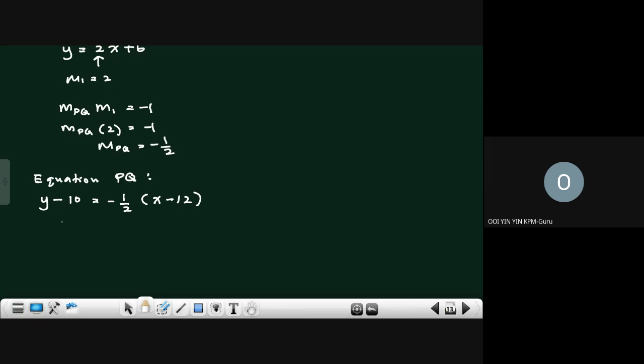So your y equals to -1/2x. Okay, I put in 10 first. y minus 10 remains the same. So here we multiply first.